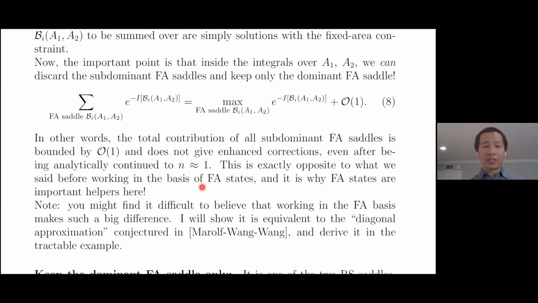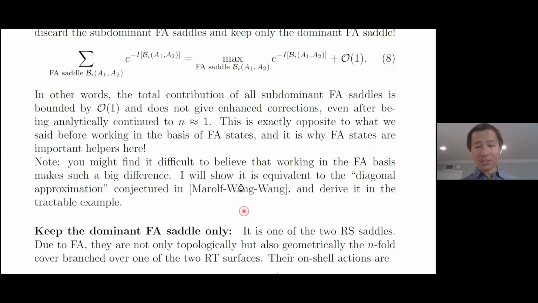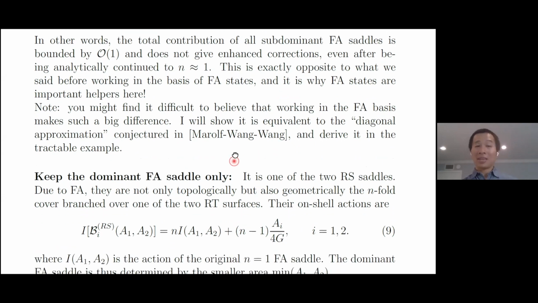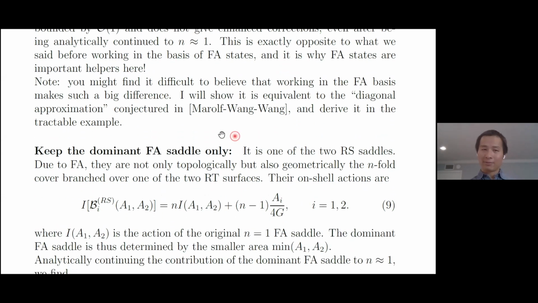It is really equivalent to the diagonal approximation conjectured in the paper by Marolf and Wang, and it is also easy to see in a tractable example. So let's continue by assuming this is right and keeping only the dominant fixed area saddle.